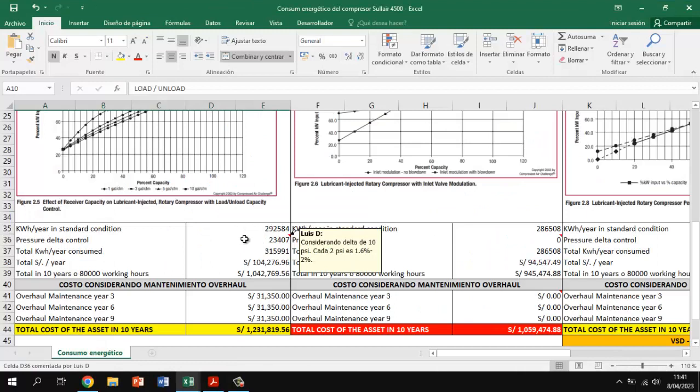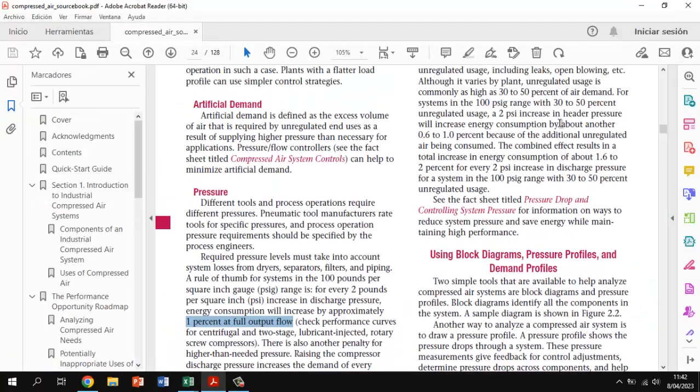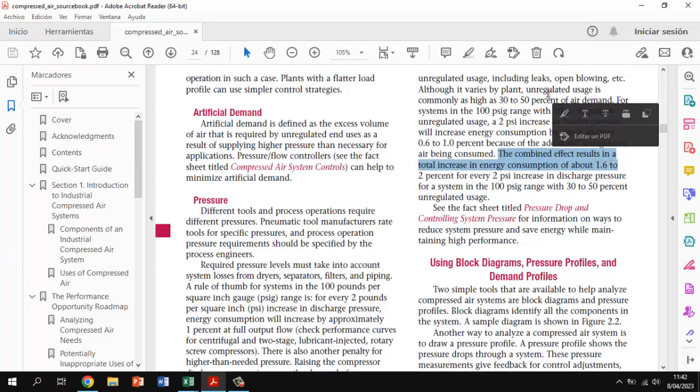So what does it mean? If we have a pressure drop of 10 psi, that means 5 times 2 psi, so that's almost 5%. I'm considering this: you should have 5 times that percentage that they tell us, and consider a little bit more, because we have a different part that is assuming the combined effect of energy consumption.